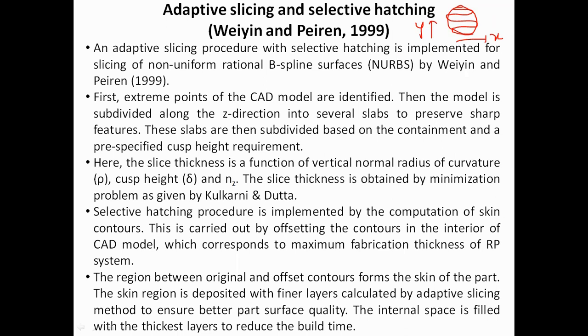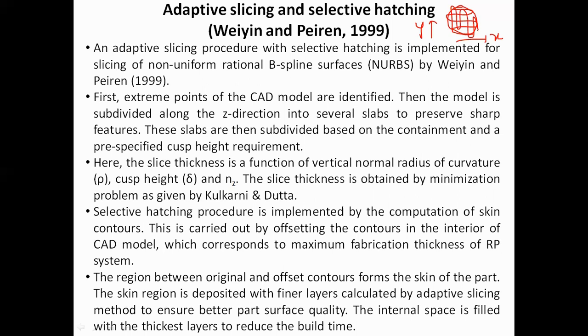There is another way of doing this. This is hatching along the x-axis and this is hatching along the y-axis. So they devised a method where every alternate layer was hatched in a particular axis. The first layer was hatched in the x-axis, the second layer in the y-axis, and the third layer again in the x-axis.